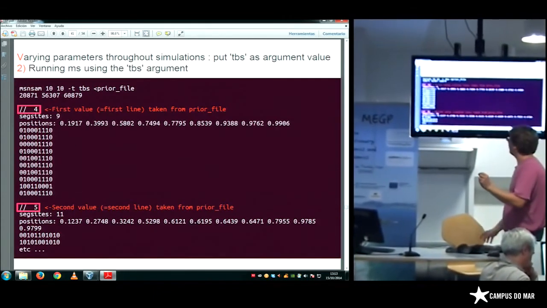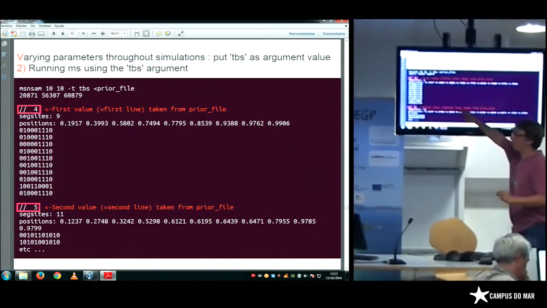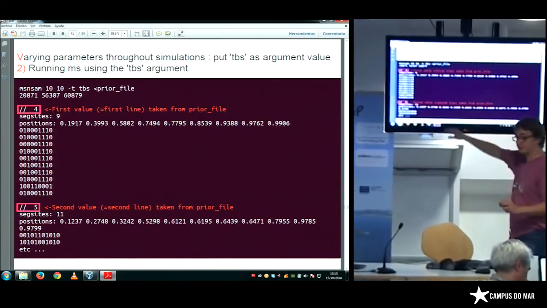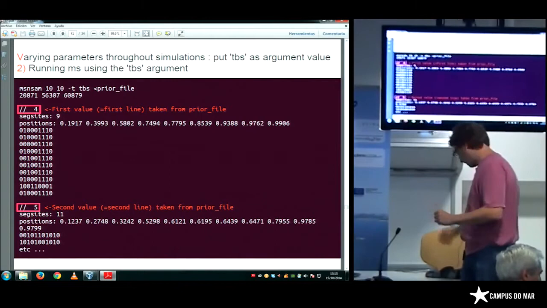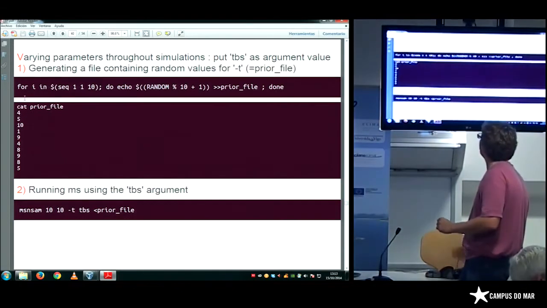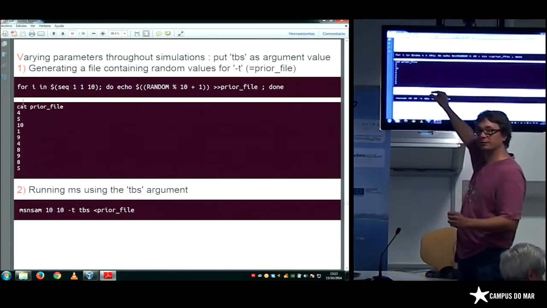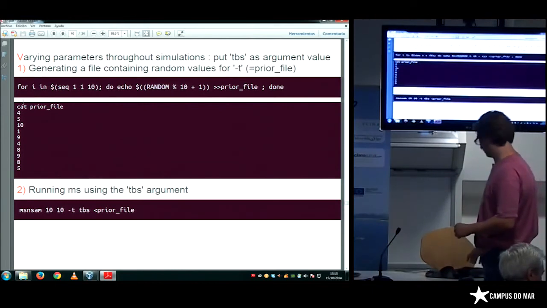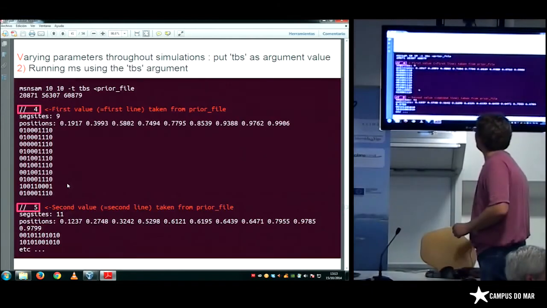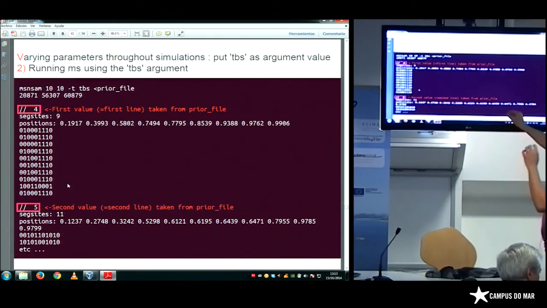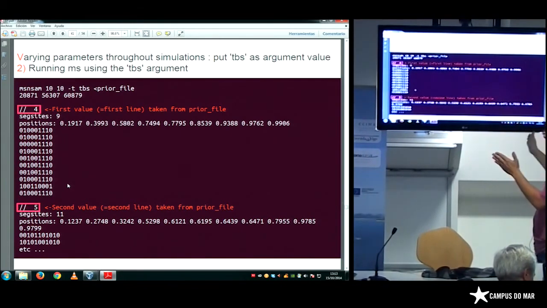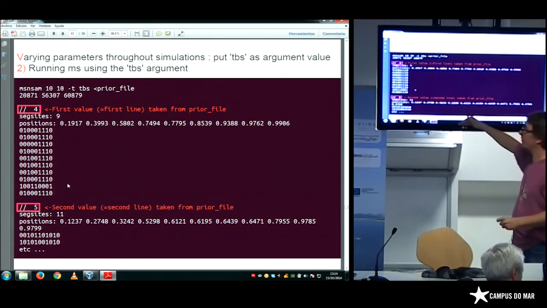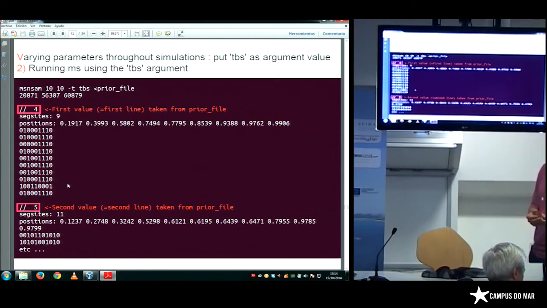Then you have the second simulation with the second value of theta, 5, etc., etc. And each time you have the number of segregating sites, their position on the sequence, and the number of sequences you simulated. Okay?